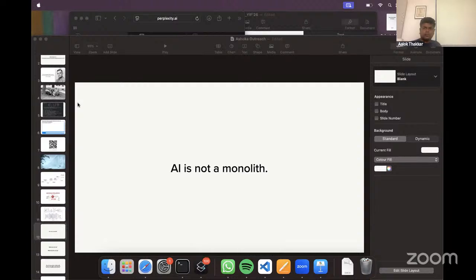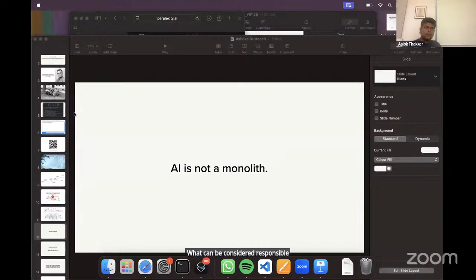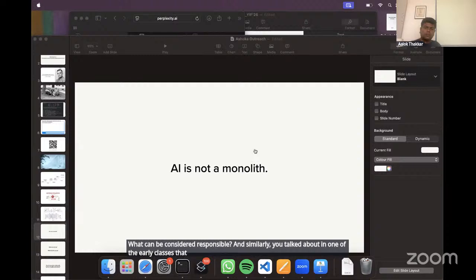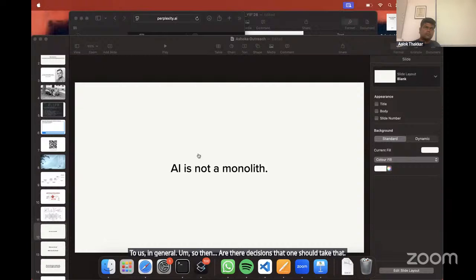All right, makes sense. But then, if there's no way to know, because you said there are multiple frameworks for what can be considered responsible, and similarly, you talked in one of the earlier classes about how the idea of correctness of a model, or what it means for a model to be robust, is not that clear to us in general. So are there decisions one should take that a statistical model would give us a different answer on?